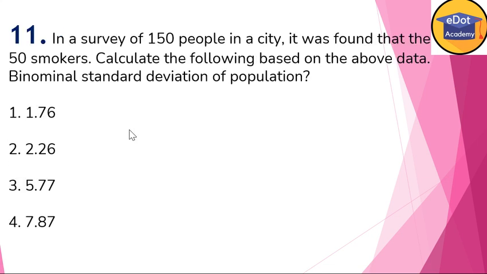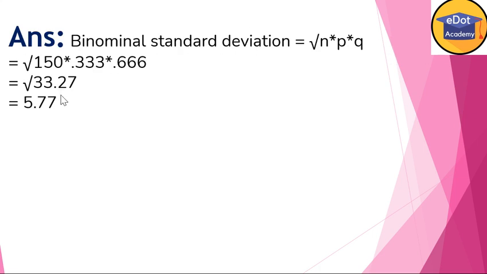Okay, next. The question is the same here, the data is the same. Calculate the following based on the above data: binomial standard deviation. The binomial standard deviation is the same as the standard error, with only a slight change in formula.